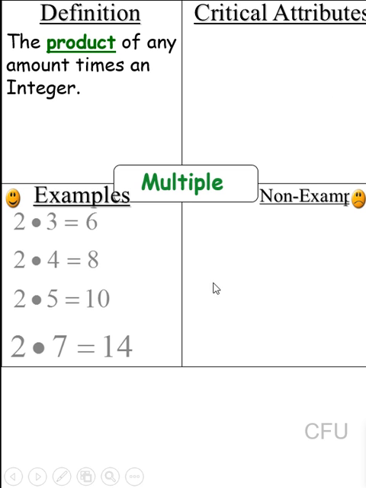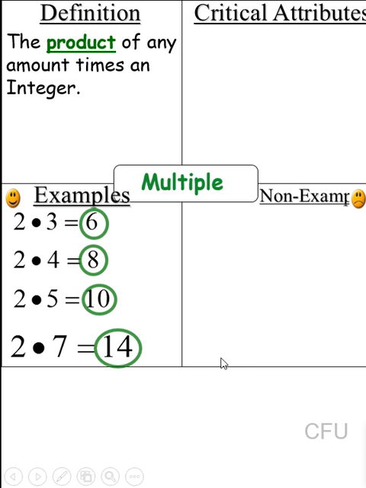Watch. 2 and 3 are factors, aren't they? Yeah. But the multiple is 6. 2 and 4 are factors, and the multiple is 8. 2 and 5 are factors, and the multiple is 10. 2 and 7 are factors, and the multiple is 14. Those are multiples. Okay?